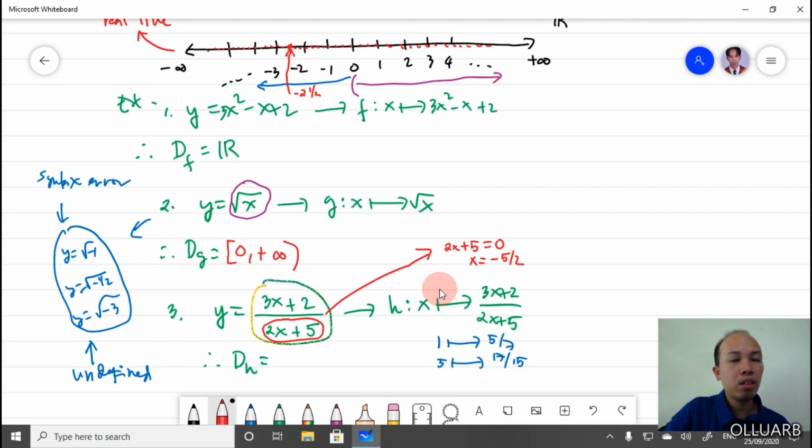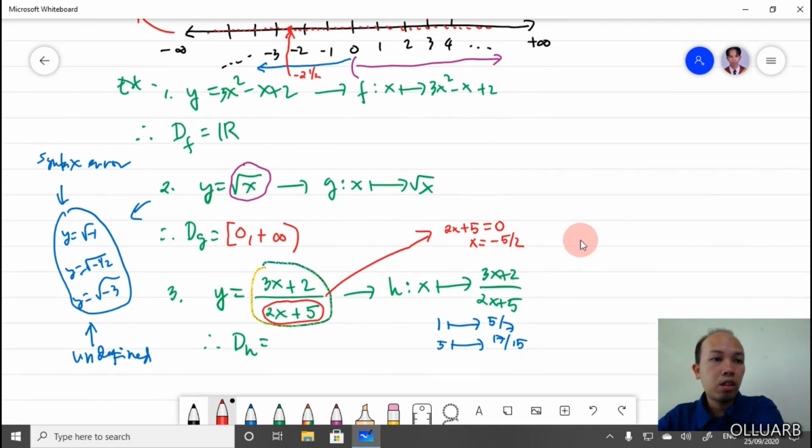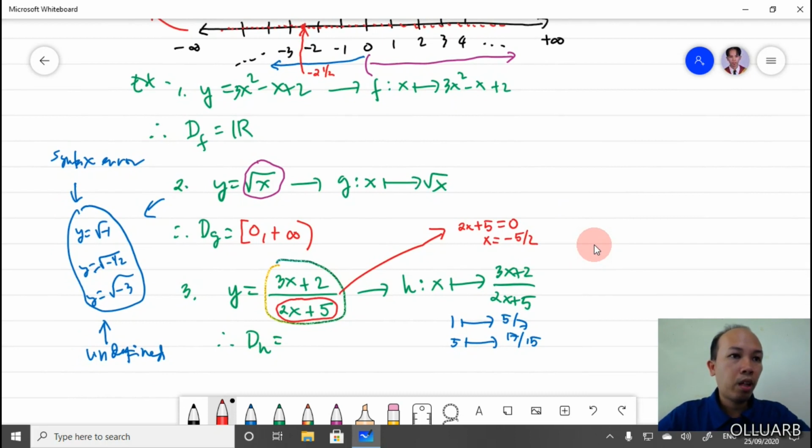So it's really hard to find the zeros of this equation, since it is a rational function.